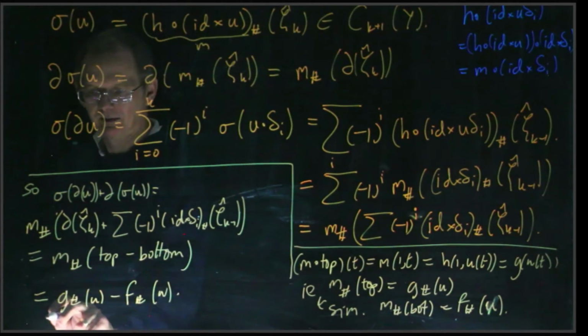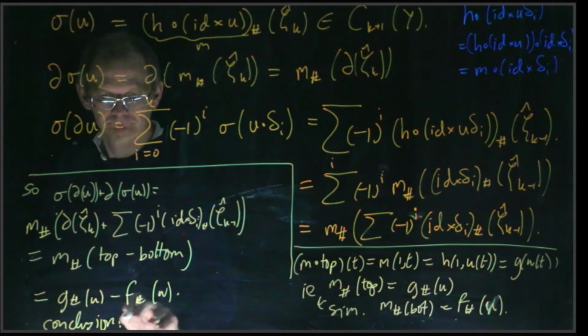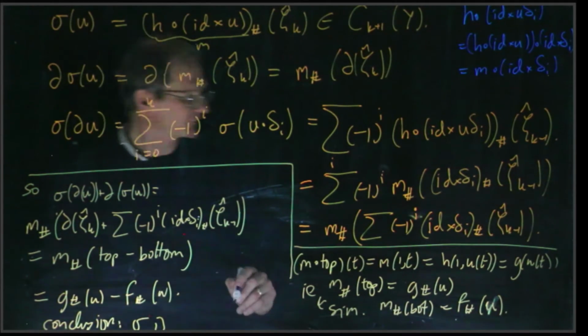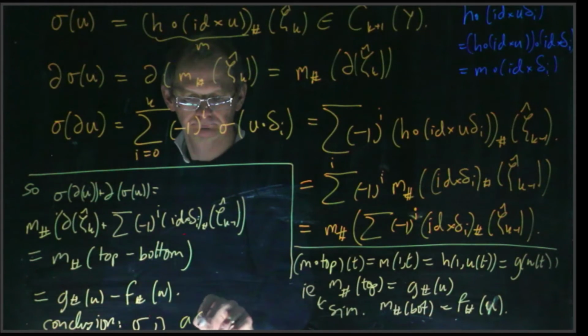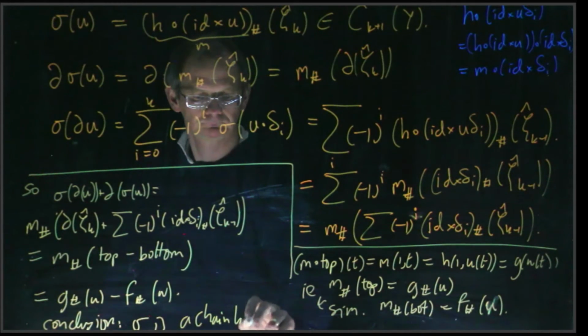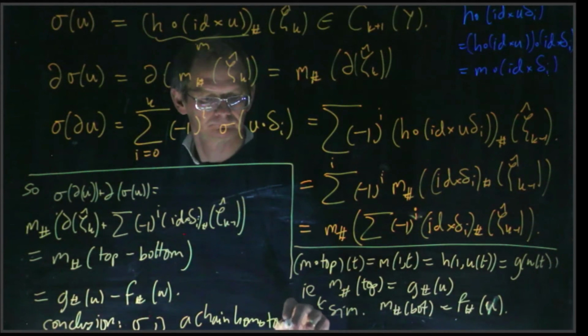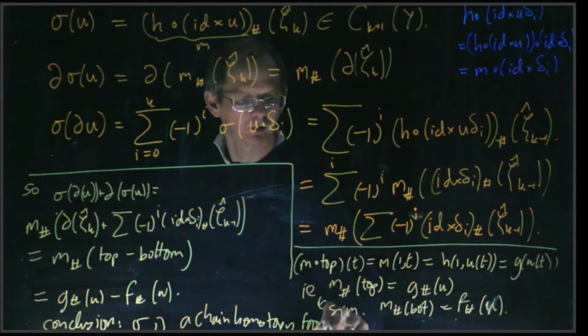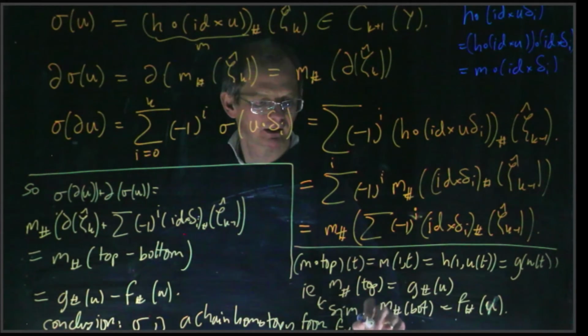Okay. So the conclusion: σ is a chain homotopy from F hash to G hash.